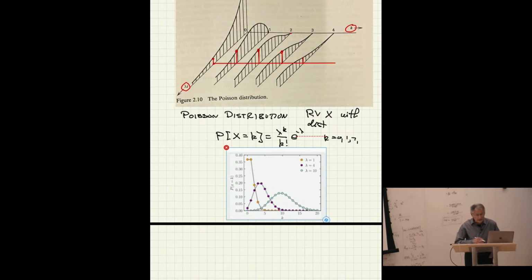It looks like a Gaussian, exactly. This basically goes to a discrete Gaussian. Due to our good friend, the law of large numbers.